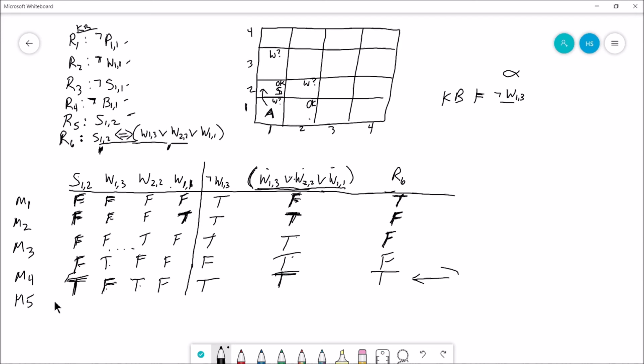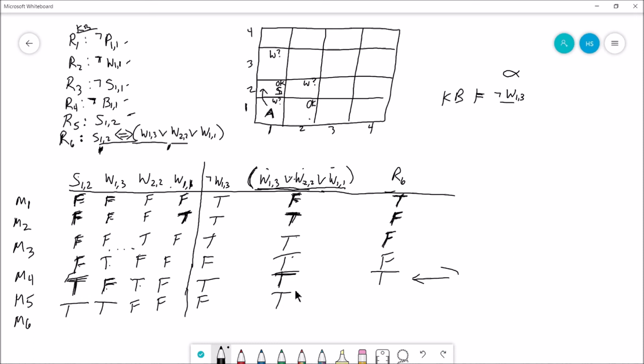But let's take a look at another possible model, where you've got the stench, but then you've got the Wumpus in 1,3 and no other squares. So in that case, it's false to say that there's no Wumpus. Now, does this expression hold up?